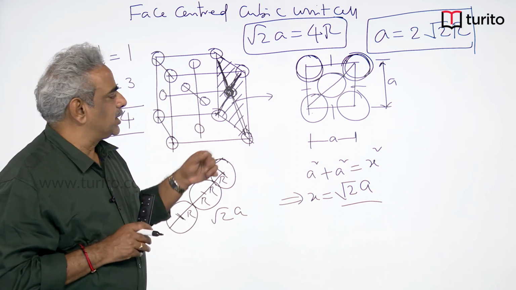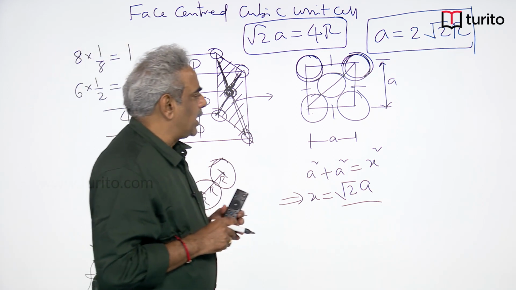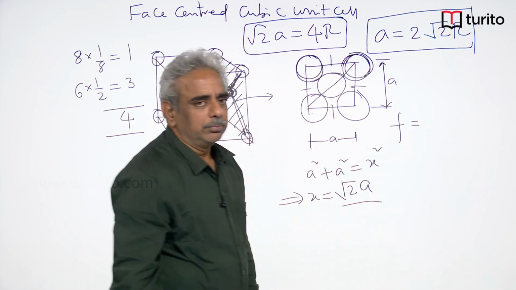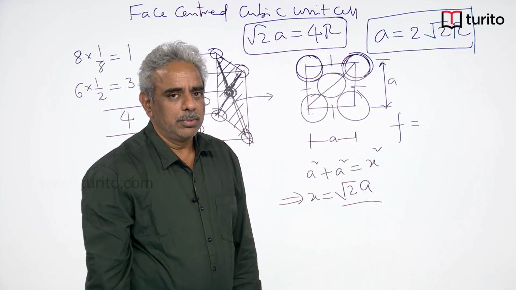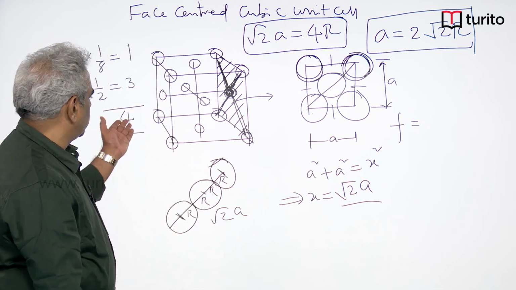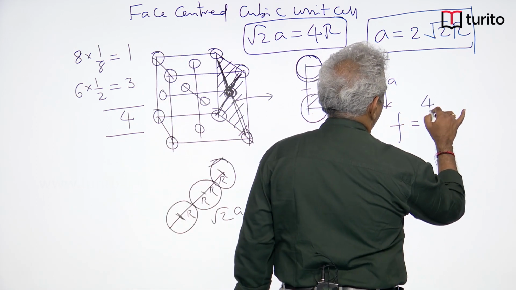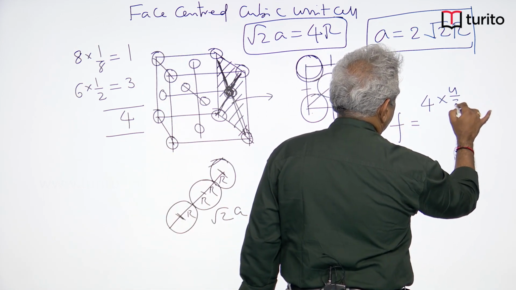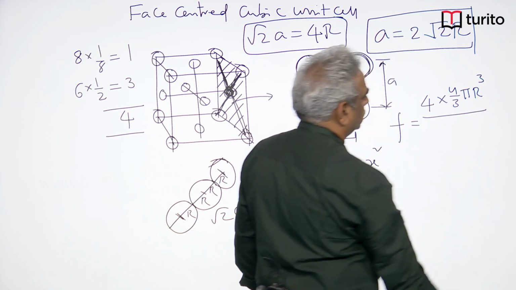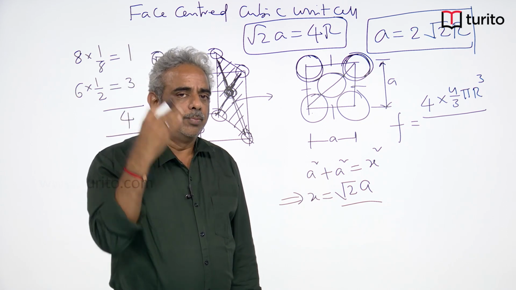Now coming to face centered cubic, what is the occupancy we will have to calculate? How to calculate? Occupied volume by unit cell volume. Occupied volume means how many spheres are there per unit cell. There are 4 spheres. So 4 into 4 by 3 pi r cube by volume of unit cell, A cube.